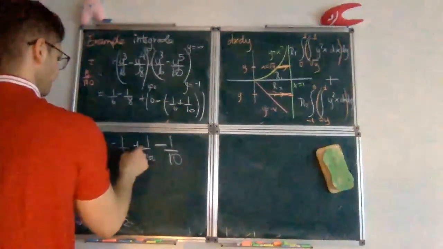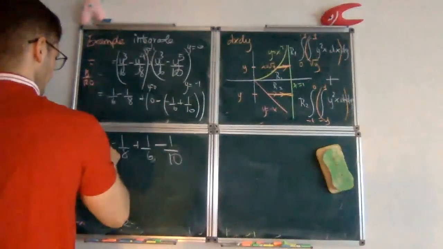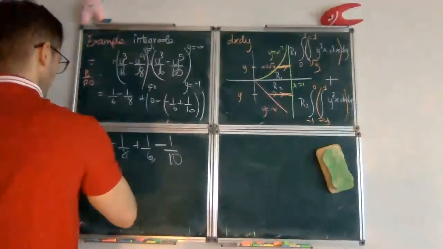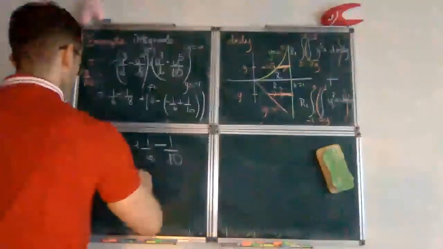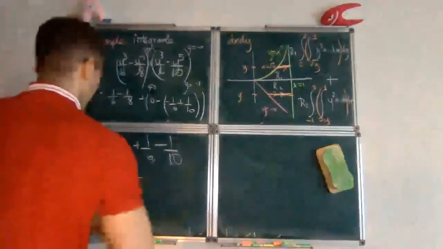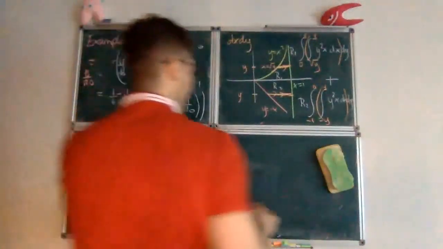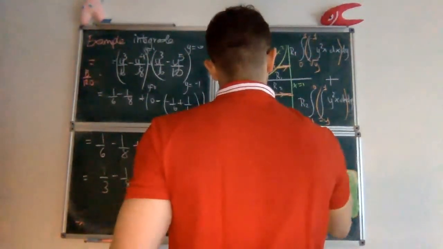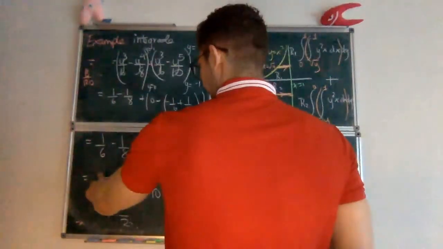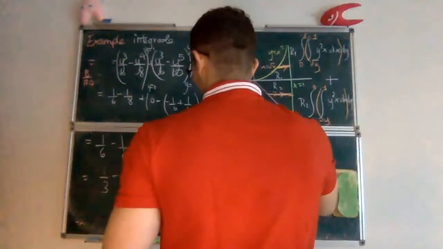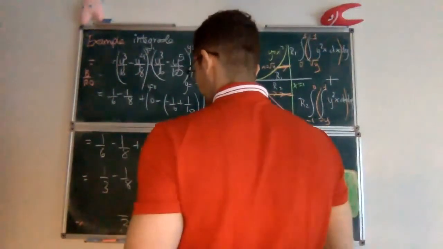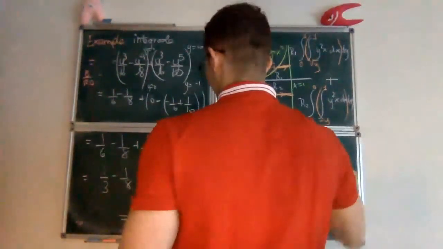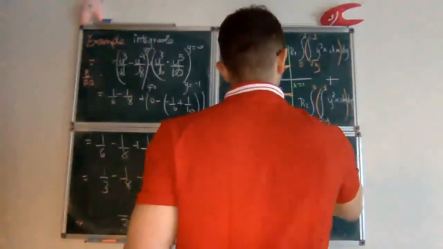That gives you 1/3 minus 1/8 minus 1 over 10, which is 80 minus 30 minus 24, right?